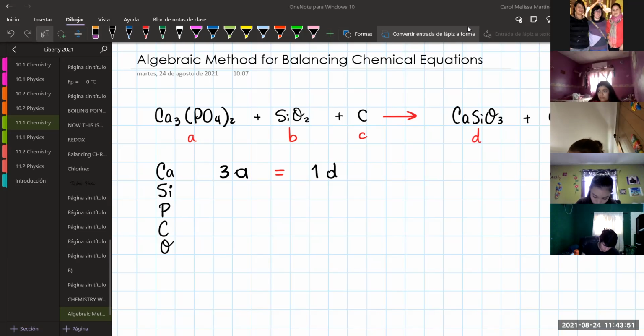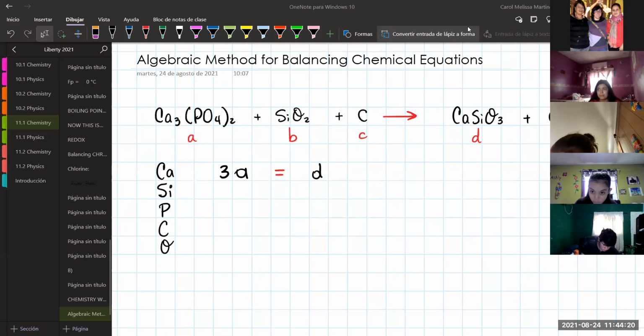But remember that 1 is invisible in terms of coefficients, so you can just write D instead of the 1. And we have no more calcium, so this equation ends up like 3A = D. If you notice, I made a substitution of the arrow. Now the arrow is just an equal symbol.